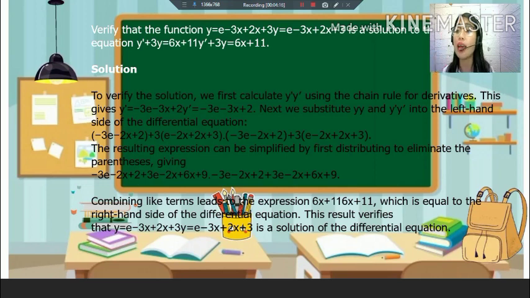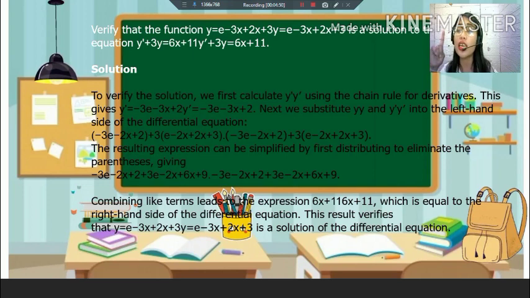Next, we substitute y for y and y prime for y prime into the left-hand side of the differential equation. This gives the quantity negative 3e^(-3x) plus 2, plus 3 times the quantity e^(-3x) plus 2x plus 3.